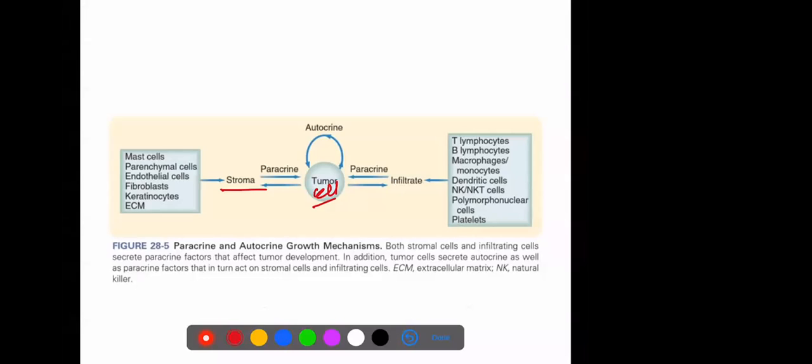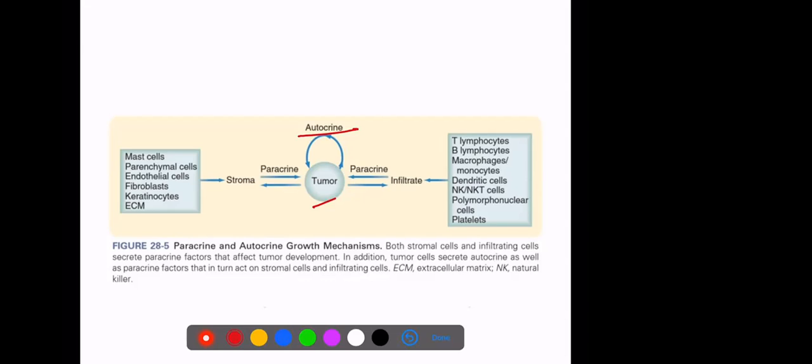They send some growth factor, some chemical messengers. They send a messenger, say alpha, and they have a receptor for alpha, and they promote themselves for further growth. So this is the autocrine function. The tumor cells themselves secrete something, send signals, which influence further tumor growth. This is called autocrine. So tumor cells themselves increase the growth of tumor cells, right?